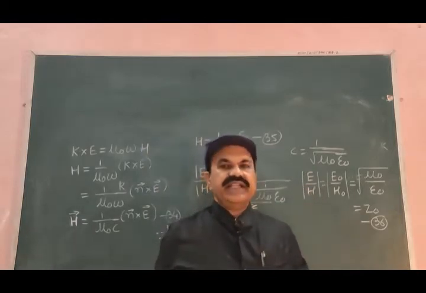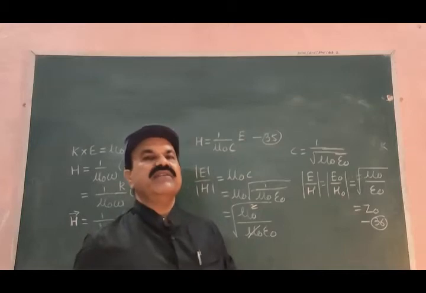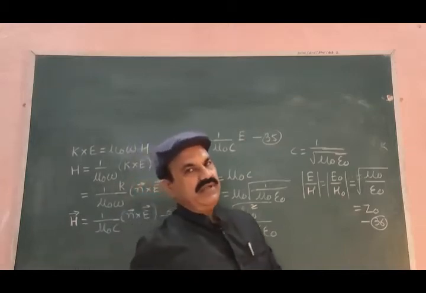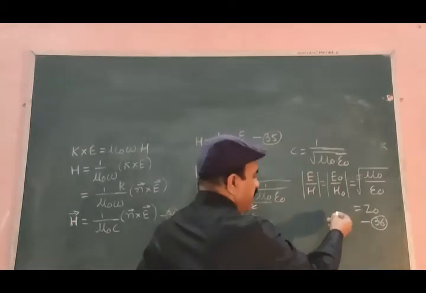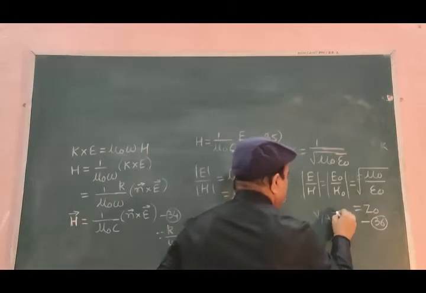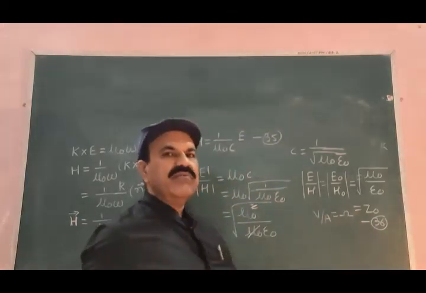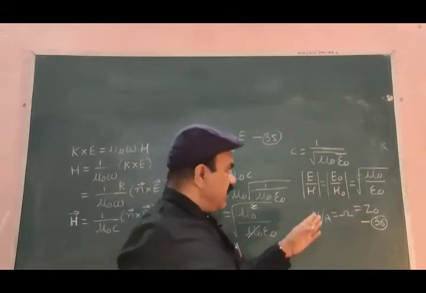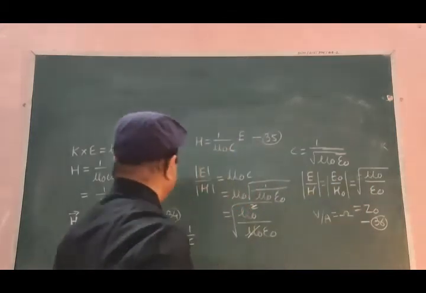H, intensity of the magnetic field, is measured in ampere turn per meter. Meter from these two will get cancelled, and the unit of this Z0 will be volt divided by ampere, and that is nothing but ohm.